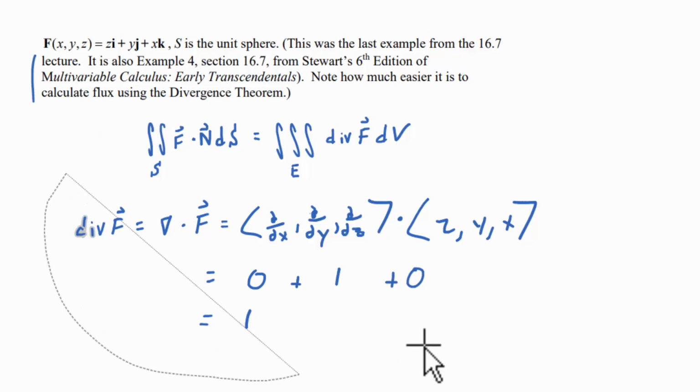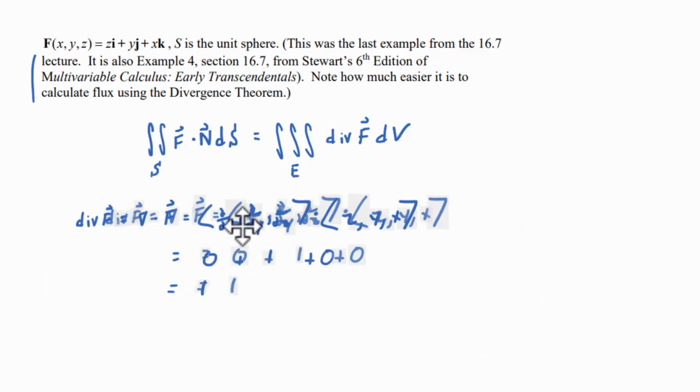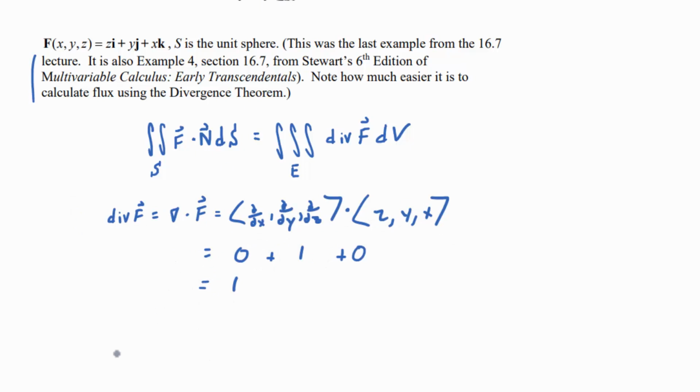So, yeah, it's going to be volume. So if I set this thing up, then instead of writing out the flux integral, I'll just say flux. The flux capacitor, does anybody think of that? Yeah, me too. Okay, it's going to be the triple integral over E, which is the unit sphere and its interior, right?